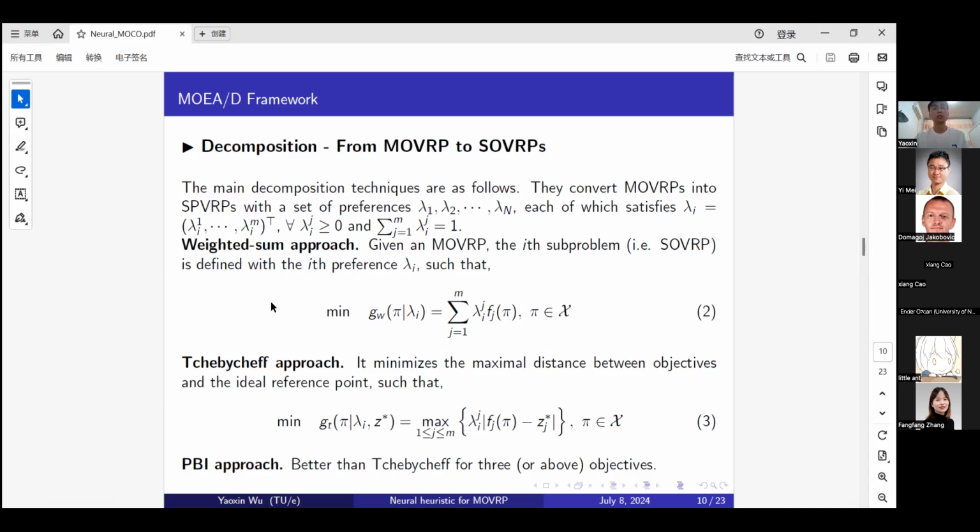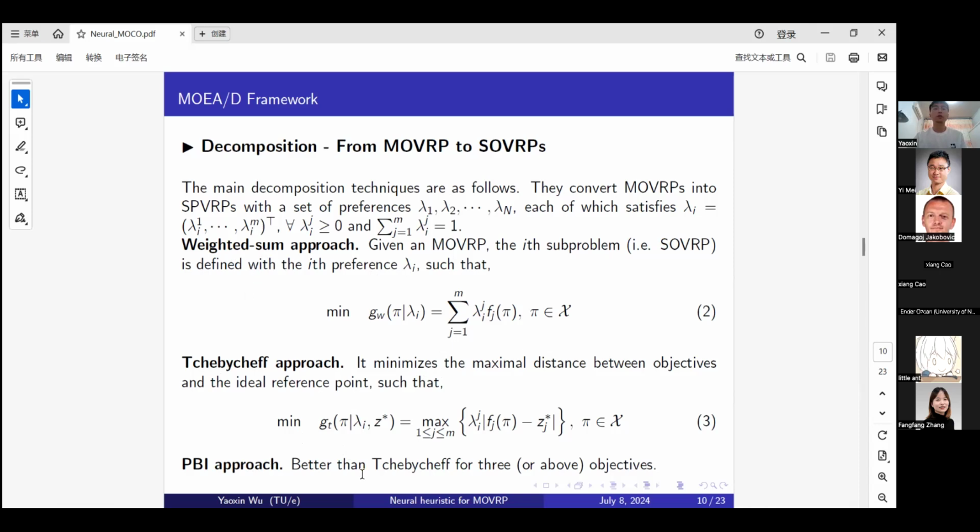The simplest one is the weighted sum approach. As I mentioned, the preference is a vector of weights. So we can calculate the weighted sum of the objective values, and then we get a single objective function. And we can change the preference into different vectors, and then we get different single objective vehicle routing problems. Also, you can use the Chebyshev approach and the PBI approach to realize this transformation.